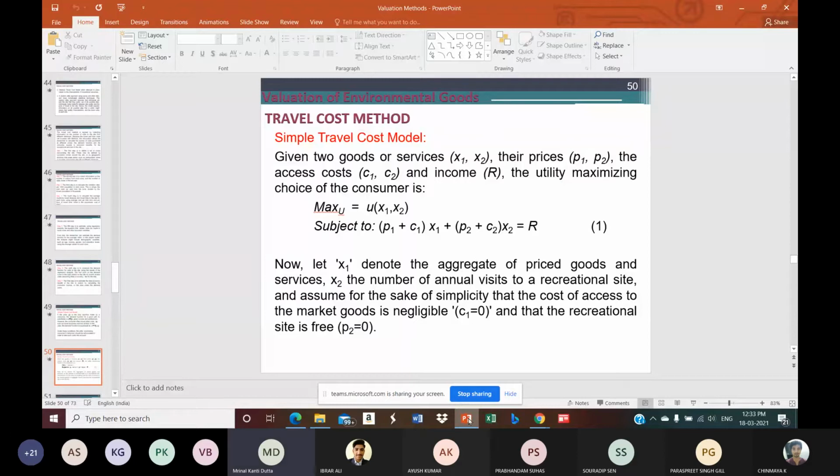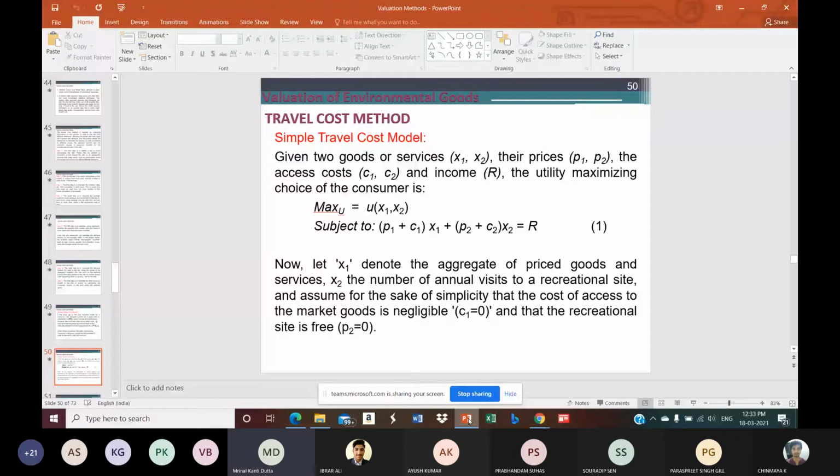So maximization of U, which is a function of X1 and X2, subject to the condition that the total cost for accessing the first commodity, P1 plus C1, that is the cost per unit of X1, when we multiply, so the total cost of accessing the first commodity plus the total cost of accessing the second commodity, the total expenses, should be just equivalent to the total amount of money available with the consumer. So equation number 1 gives us the budget constraint.